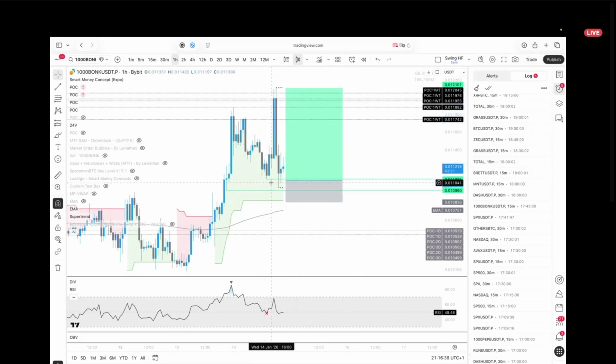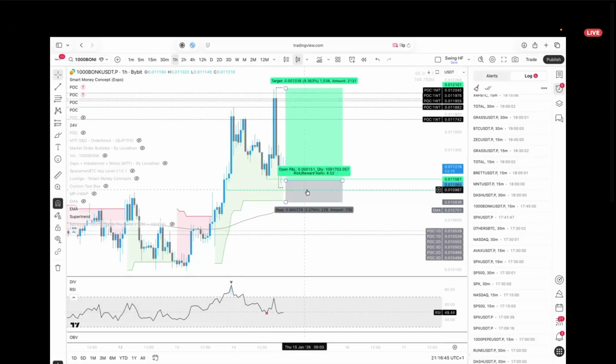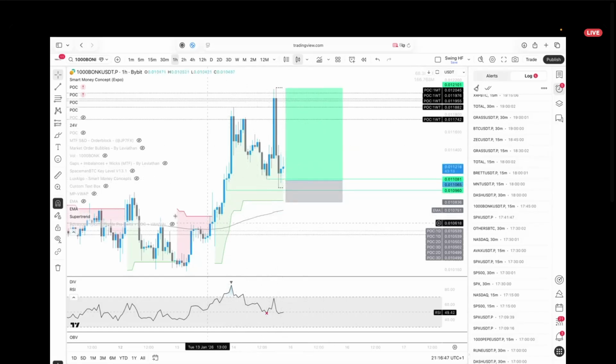Entry below the wick, absorption, the supertrend is another wick that could support the price action. The EMA, but I would prefer the EMA to be something like this. And you can take the high up here, and you can place the stop loss below the supertrend.